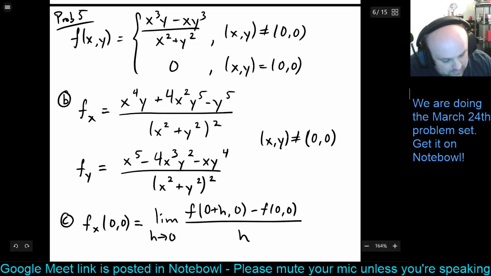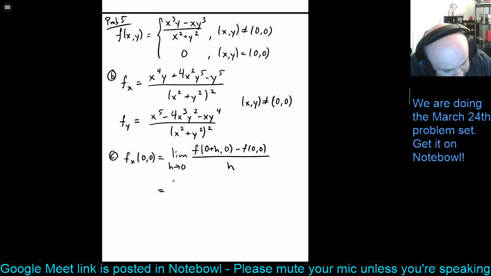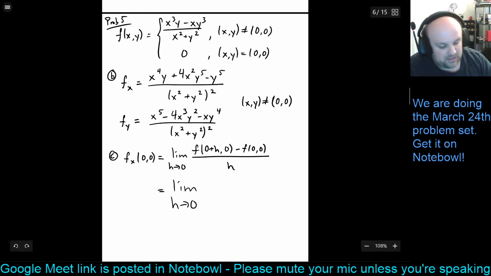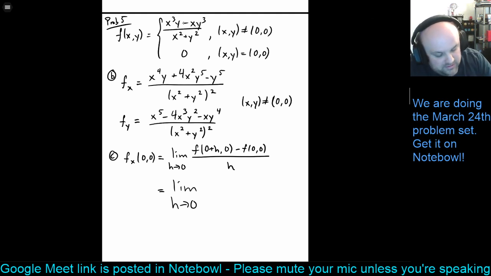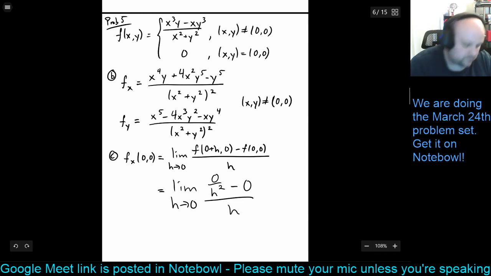All right. So let's see. We want the limit as h approaches 0. We're plugging in h for x, 0 for y. So really this is just 0 over h squared. Plugging in (0, 0) gives us this 0, and all of that over h. So this derivative is just 0.